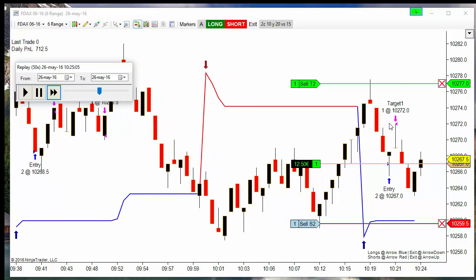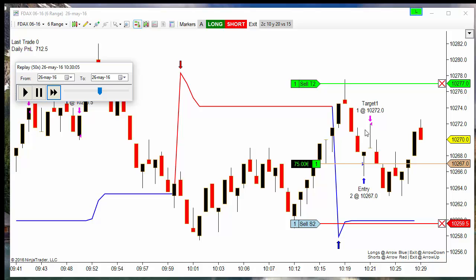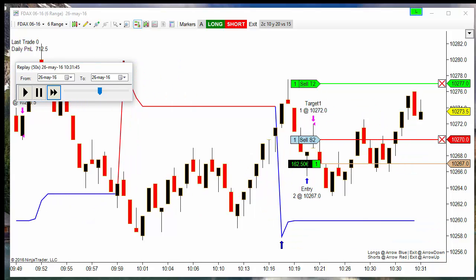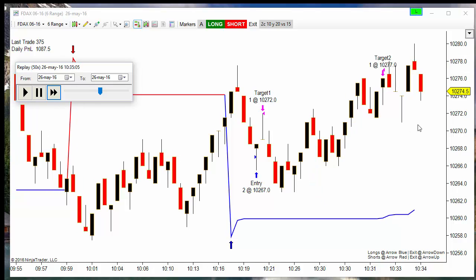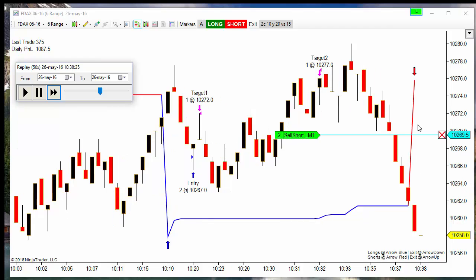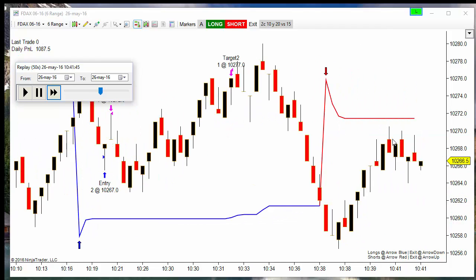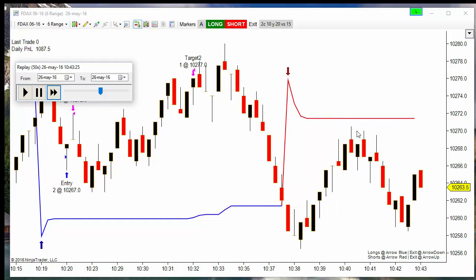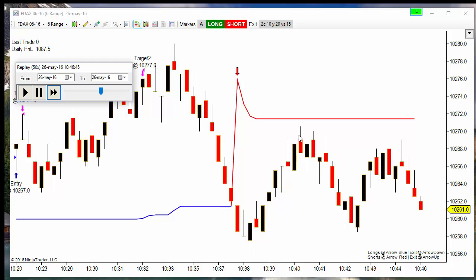The target one was filled. We need to modify the auto break even, and then a trailing stop. Target filled. A short signal, order cancelled. It almost touches the pullback. It was cancelled one bar before.